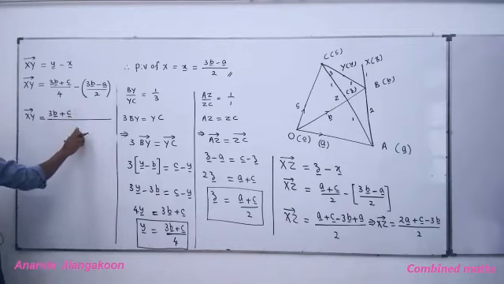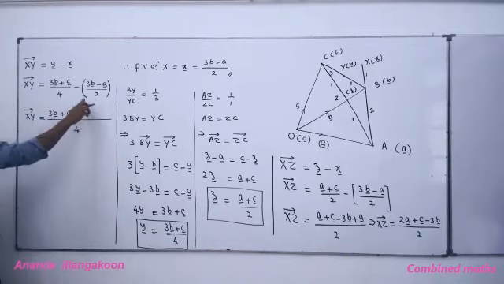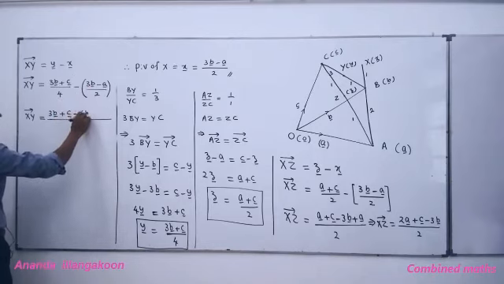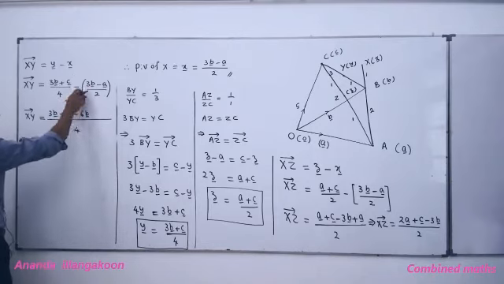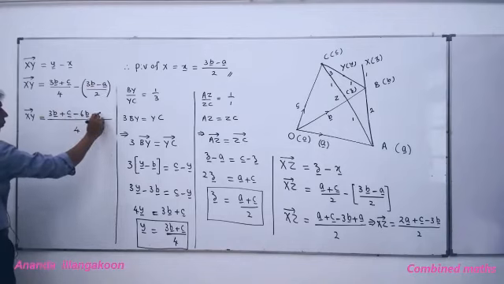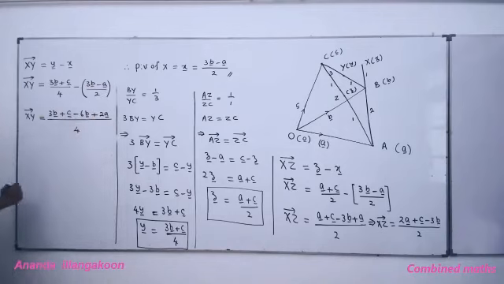Here we have 2, but the common denominator is 4, so this one you have to multiply by 2. Then we get minus 3b, which should be multiplied by another 2, no? Minus 6b. Minus minus plus. This should be multiplied by 2, 2a coming, no? Right. So now you can simplify this.